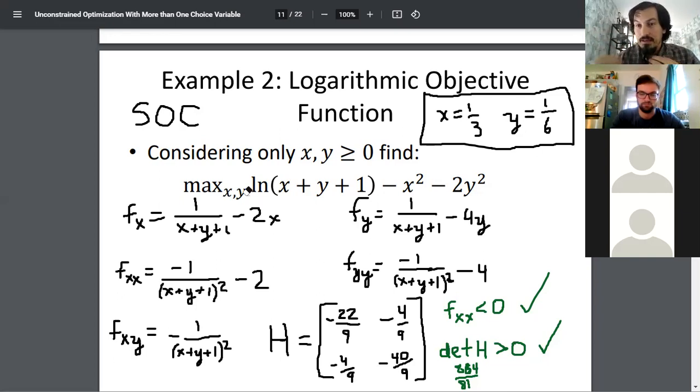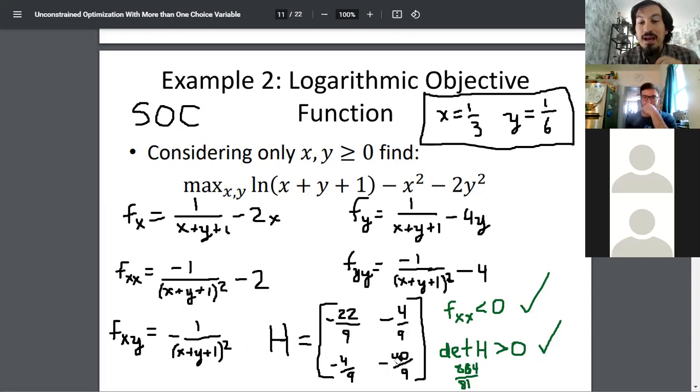One way I can see it is that this term fxy is always going to be smaller in absolute value than either fxx or fyy. And all 4 terms will always be negative. So the Hessian will always look like 4 negative numbers, but it has this property that if it's a, b, c, d, the terms b and c will always be smaller in absolute value than either a or d.